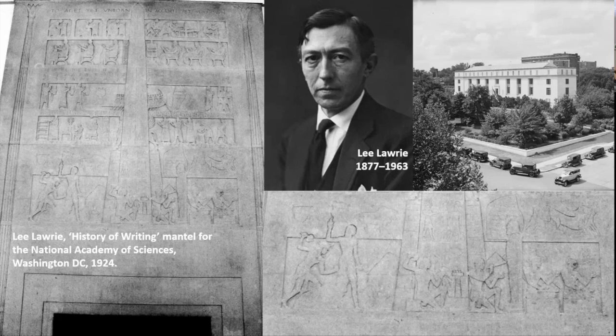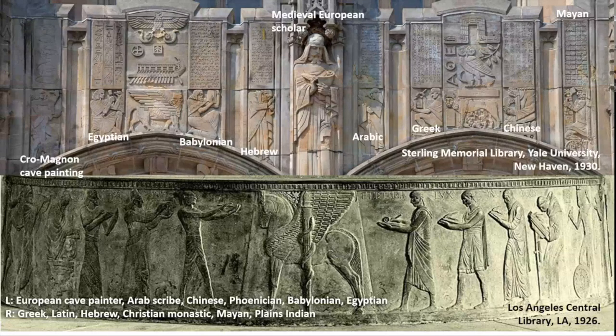Lowry, a leading sculptor for important public buildings in the 1920s and 30s, would deploy variations on this canon in various other architectural projects. For the Sterling Memorial Library at Yale, he featured a Paleolithic cave artist in his paintings, Egyptian and Mayan hieroglyphs and their authors, as well as makers of conventionalized signs.